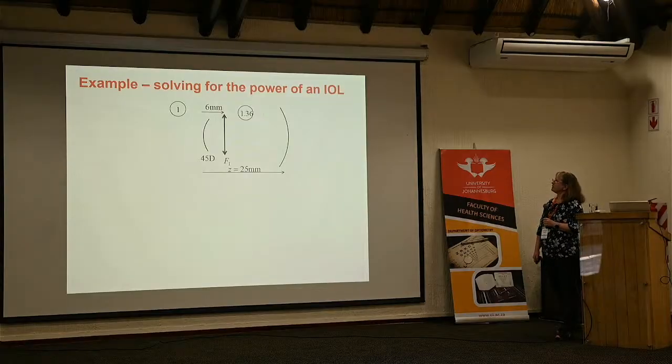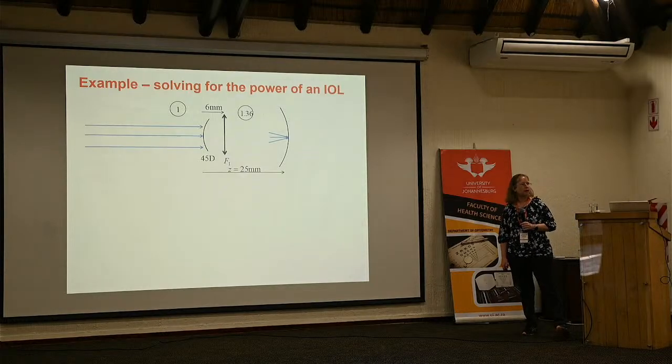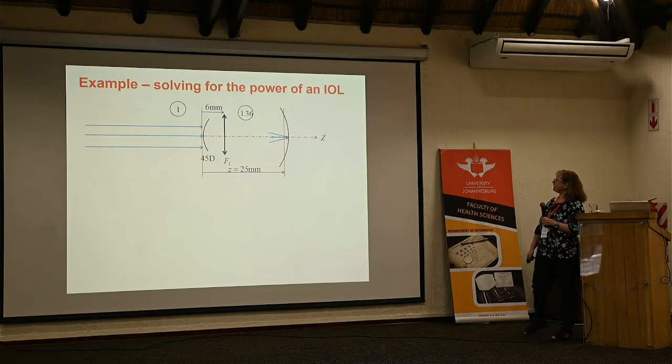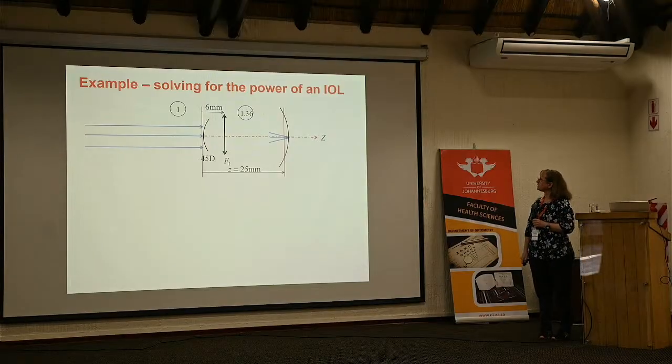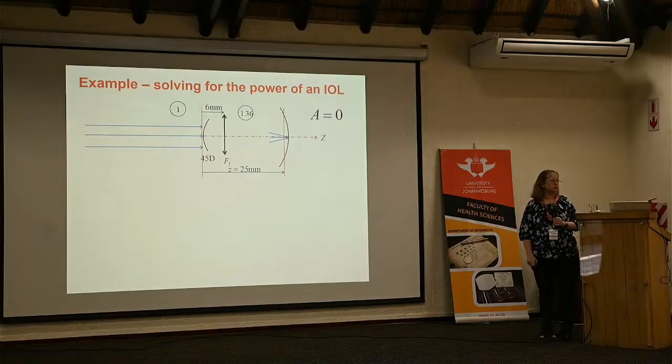Let's solve for the power of an intraocular lens. This patient would like to see at distance. Again, we've got an exit plane focal system. We define our system as just the eye, and we set A equals 0.